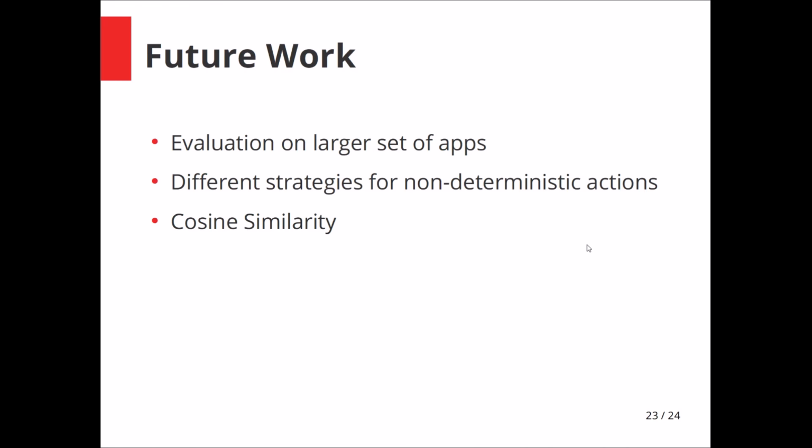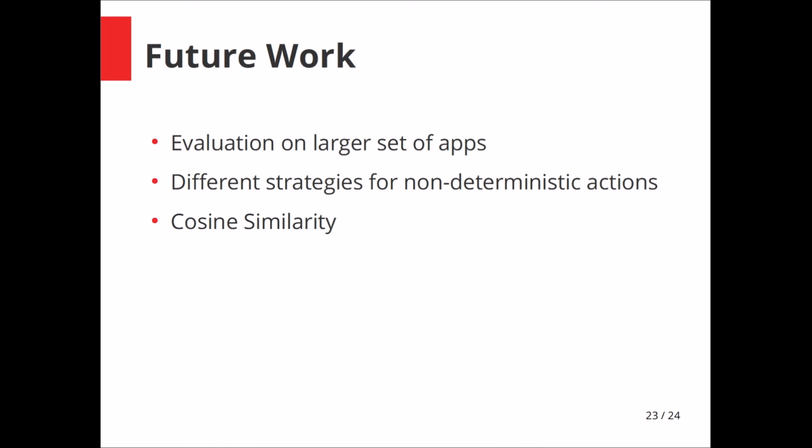There are a couple of points we'd like to address in the future. First of all, we would like to evaluate the entire study on a larger set of apps. We know that 10 apps are not very representative. Next, there might be different or even better strategies for non-deterministic actions.